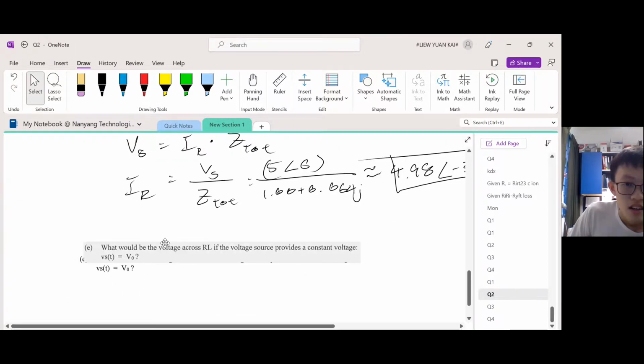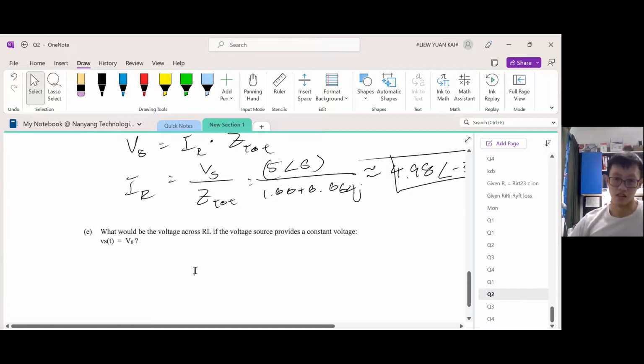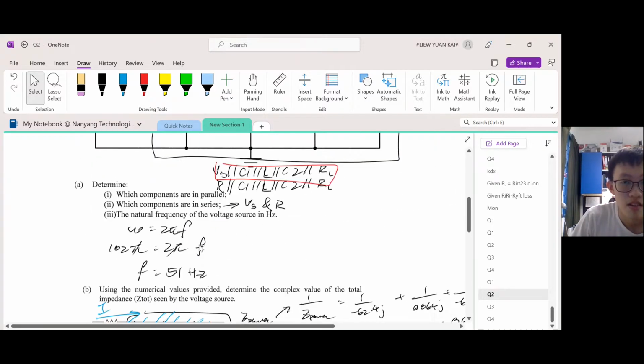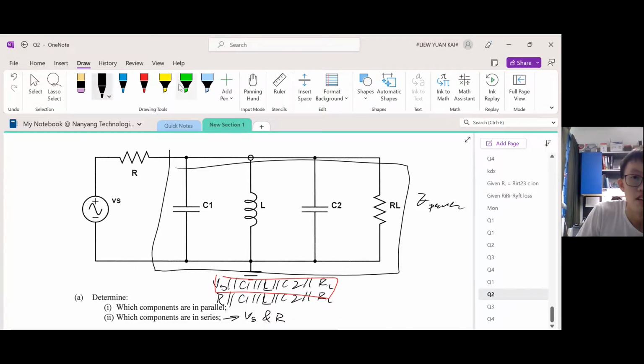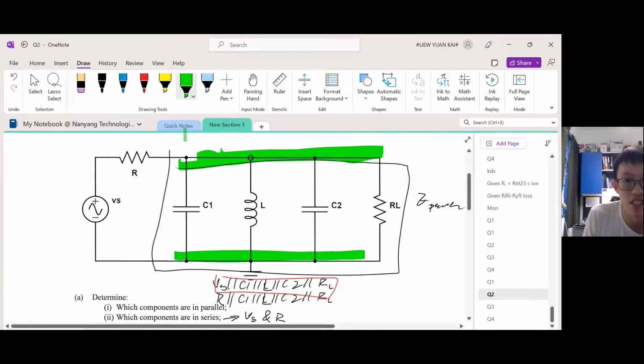What else? What will be the voltage across RL if the voltage source provides a constant voltage V naught? Okay, so observe that all these nodes are the same.